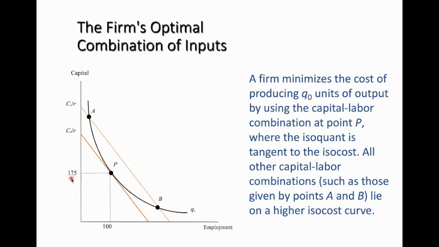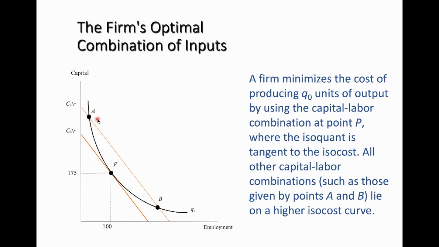Therefore, as indicated here, the firm would utilize 175 units of capital and also 100 workers to produce Q0 quantity of output. All other capital labor combinations, such as those given by points A and B, lie on a higher isocost curve. Point A and point B are not the optimal combination of inputs for this firm.